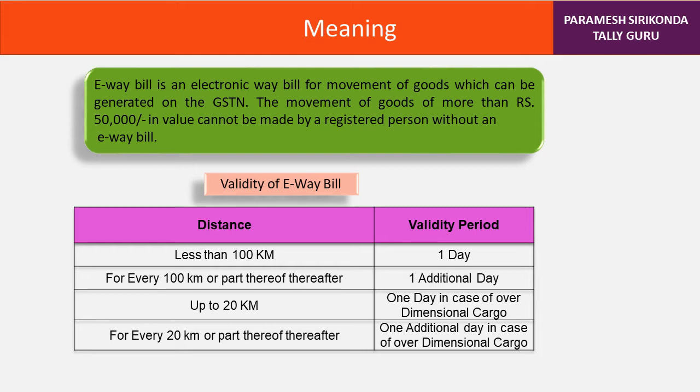If anything happens to the vehicle, they give an additional 1 day. And up to 20 kilometers for over dimensional cargo you get 1 day, and if it is more than 20 kilometers, you will get additional days. So this is about the meaning and validity of e-way bill.